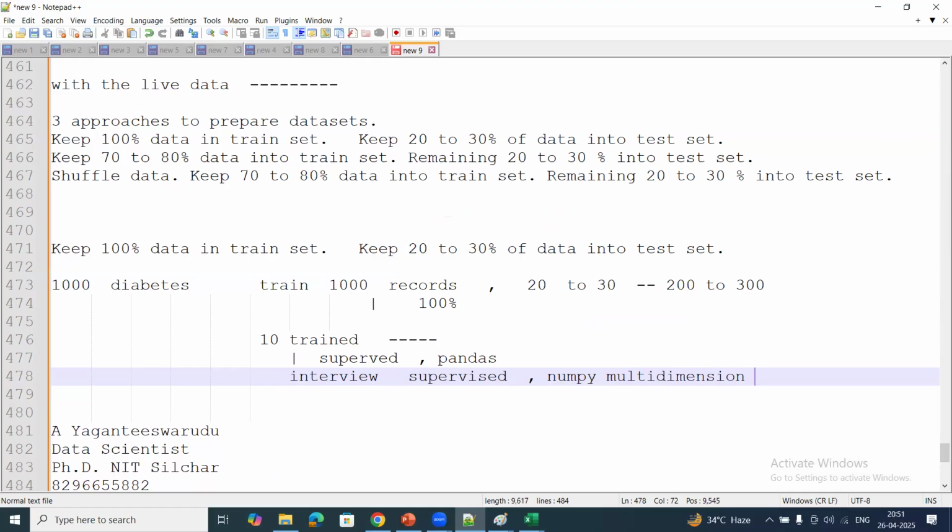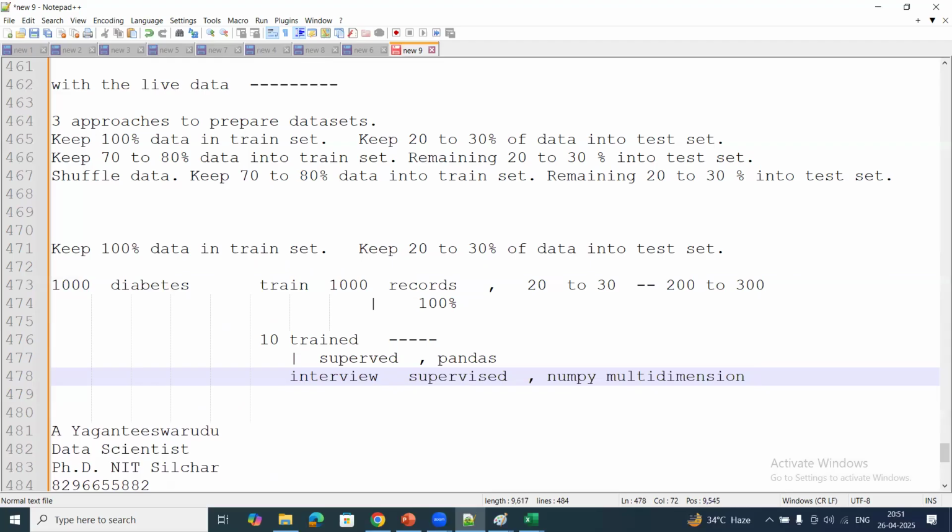For example, I train my student on supervised learning, Pandas data frame, and so on. To test my student, I need to give some Excel data and ask him to construct a Pandas data frame, and on top of that ask him to construct some supervised learning. I need to test how he is able to apply my techniques in the outside world.